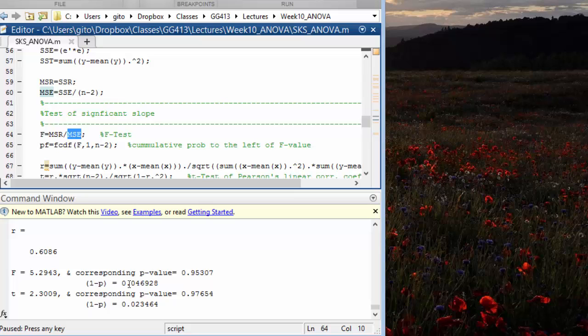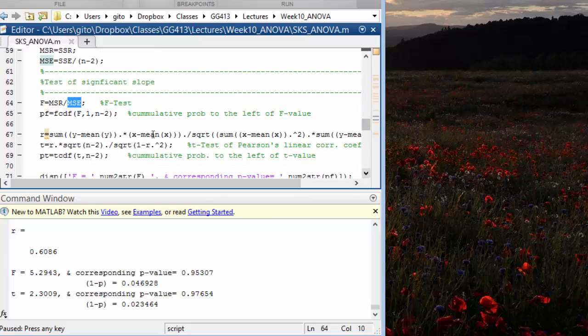So 1 minus p is just under 5%, or about 4.7% here. And so if I were to have a significance level of 5%, then my value of F is greater than the 5% value of F, so I would have to reject the null hypothesis that the true trend has zero slope.